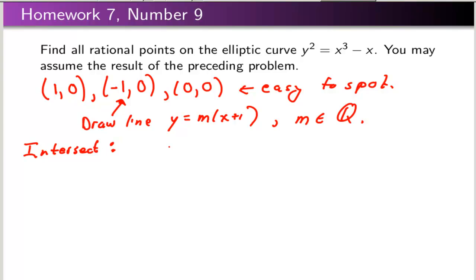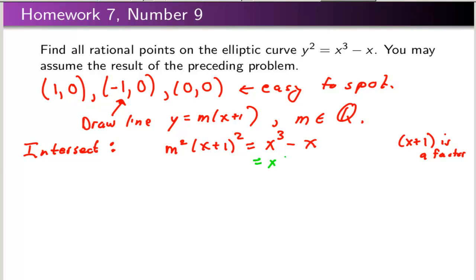So we would have m squared times (x plus 1) squared is x cubed minus x. And then keep in mind that one of the points of intersection is negative 1. So you know that x plus 1 is a factor. And so try, without multiplying things out, to kill that factor. And that will allow you to come down.